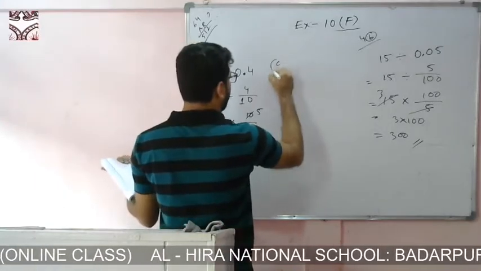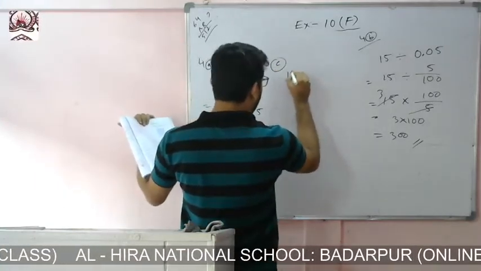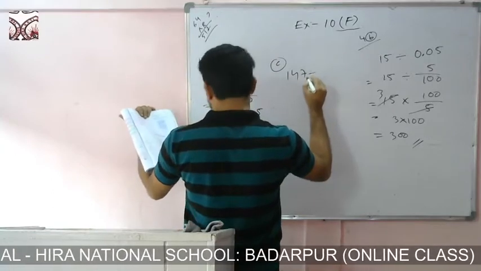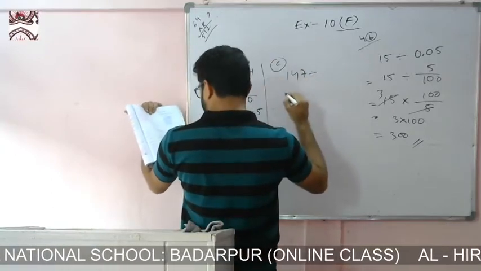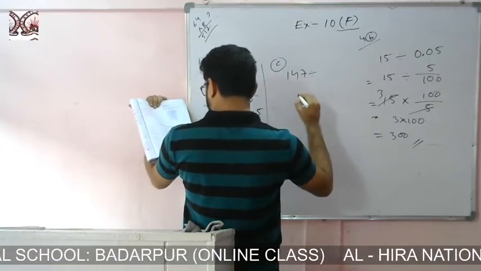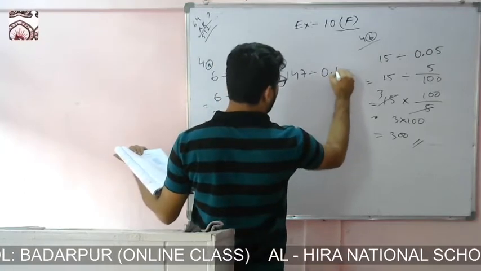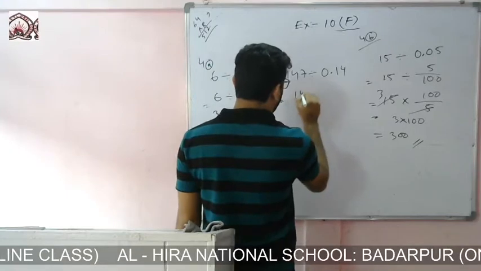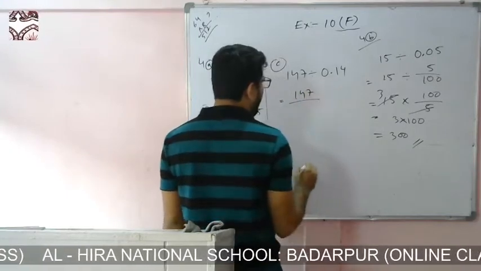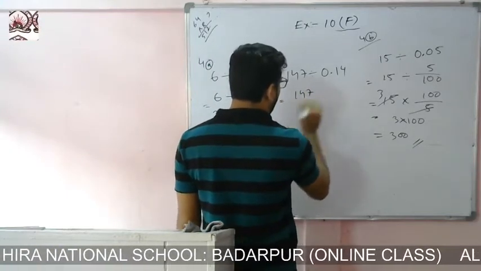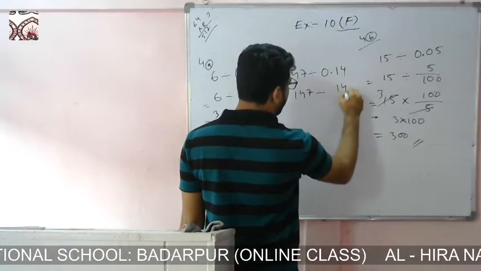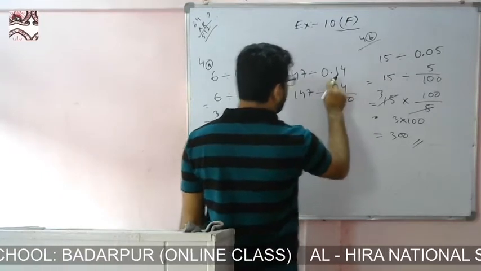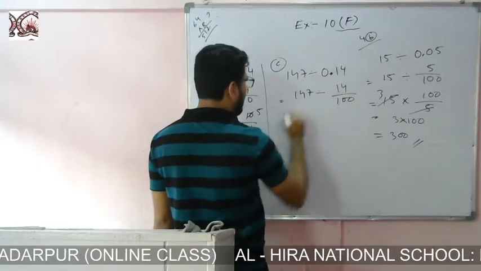Now come to C. C is what? You see 147 divided by 0.14. Okay. So you see 147 divided by 14 by 100, because after point there are 2 places. Okay.